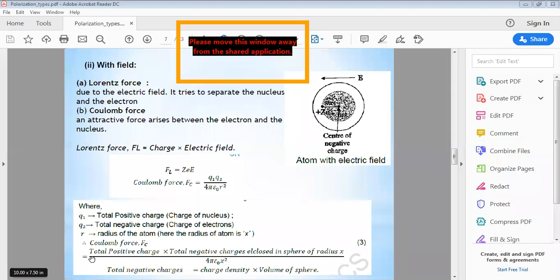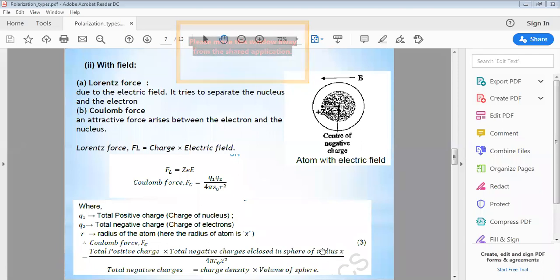It is Ze, because the number of electrons and number of protons in an atom is equal. Then the total negative charge enclosed in the sphere of radius X, which we are going to calculate, divided by 4 pi epsilon naught, the permittivity of vacuum, which is a constant, and X is the distance.